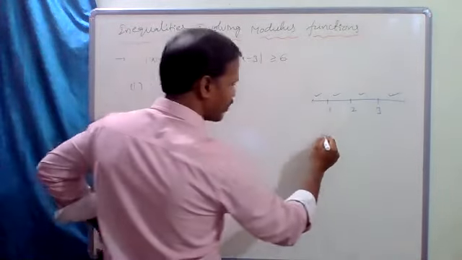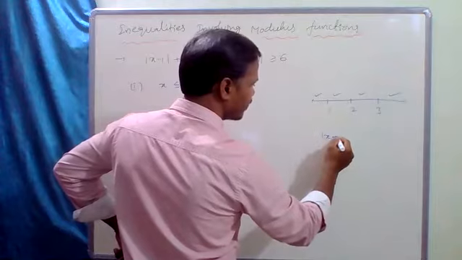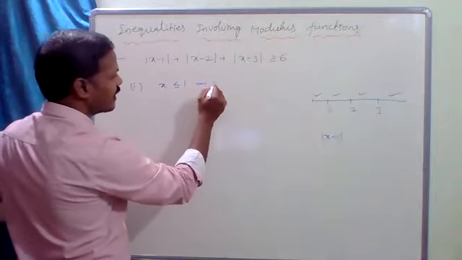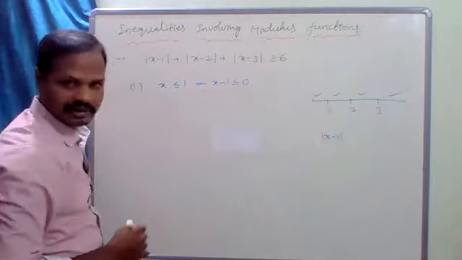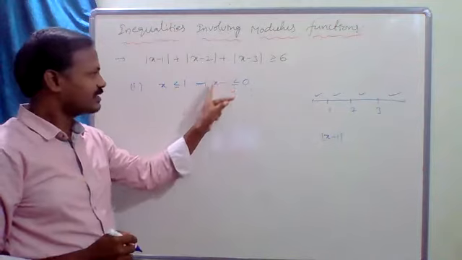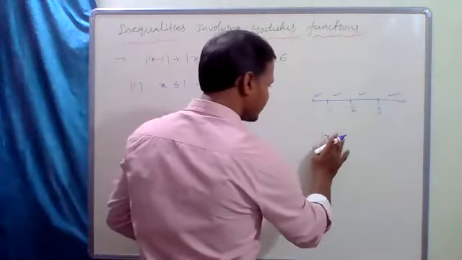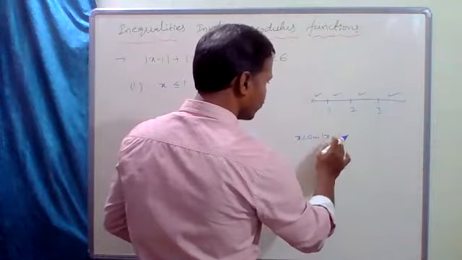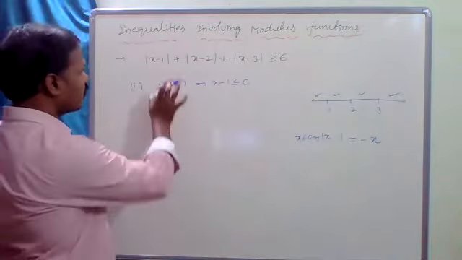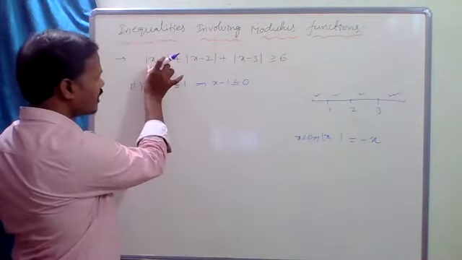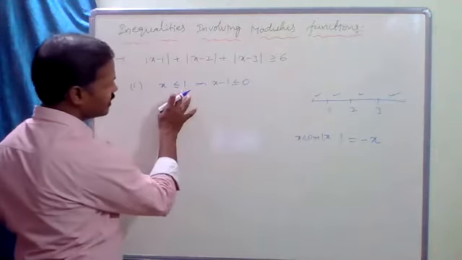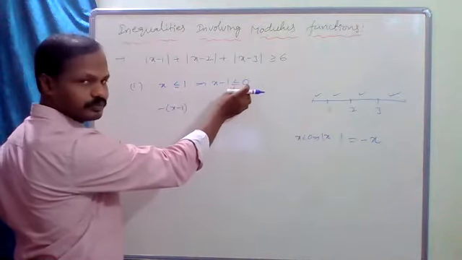What do we have to take? x less than or equal to 1 means x - 1 is less than or equal to 0, so that is negative. If it is negative, |x - 1| = -(x - 1). So this |x - 1| becomes -(x - 1). Is it clear?